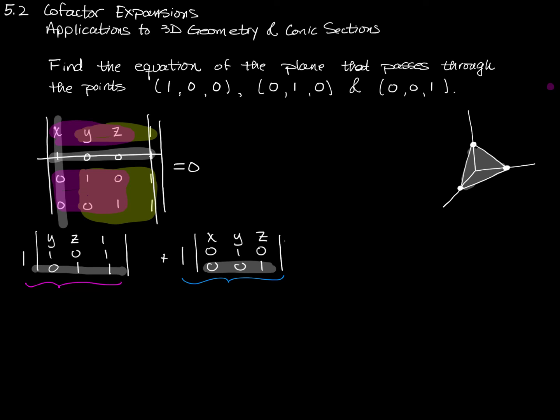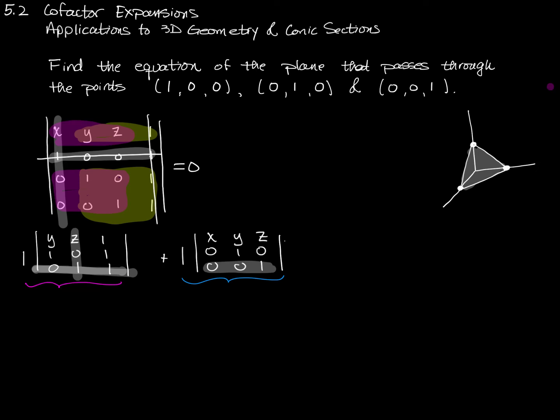I think I'll stick with white. And I don't need to write down this 1 anymore. In fact, I think I'll leave it there, but I don't need to write it down anymore because it's just a scalar of 1. It doesn't change anything. So I'm going to start with row 3, column 2, and I'll write out the cofactor there.